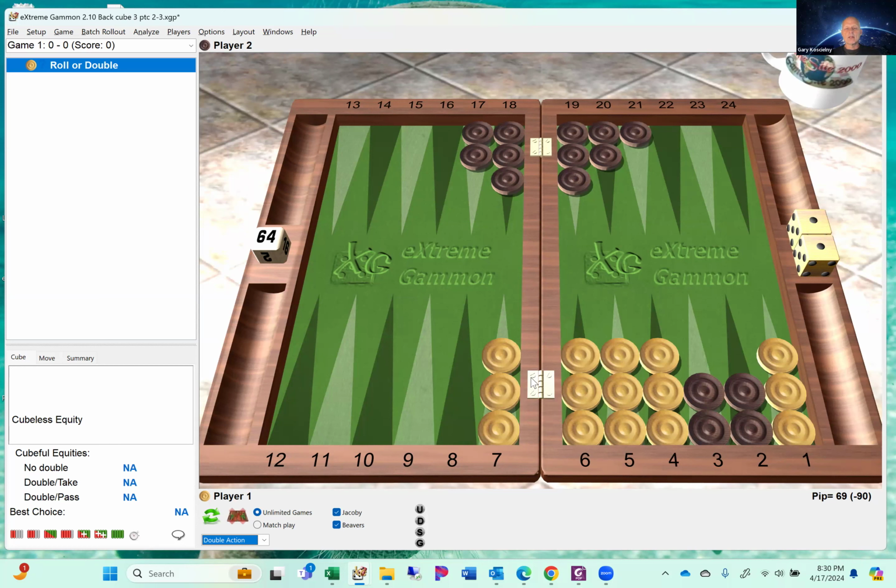But the bigger thing is that here you can't take checkers off, and you're going to be forced to, like if you had a 5 or a 6, the 6 has to come from here, and the 5 has to come from here. So you may be forced to move things that aren't great.